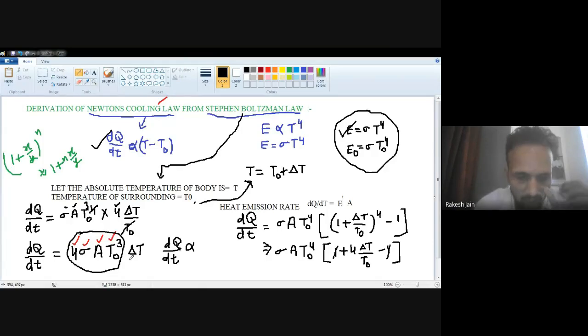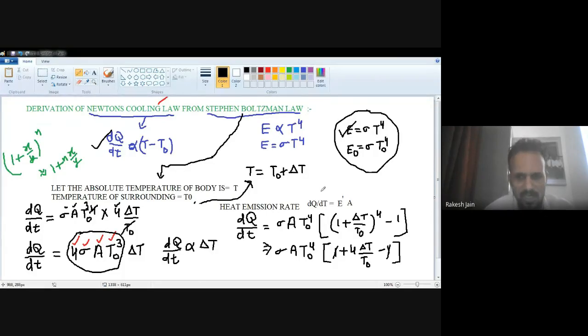The multiplication of all those terms will also be a constant, so dq upon dt is proportional to del T. When I remove this proportional and write the equal sign, what will come as a constant? The 4 sigma A T0 raised to the power cube. So dq upon dt is proportional to del T.